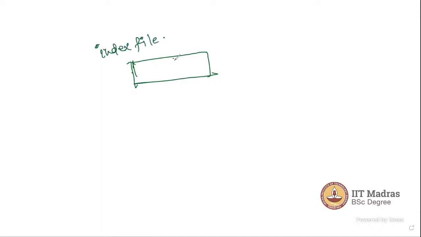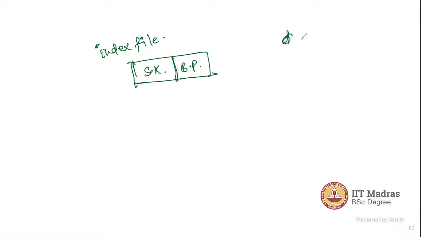This is the index file. In the index file, this is the search key and this is the block pointer. There are only two values we store, the search key and the block pointer.